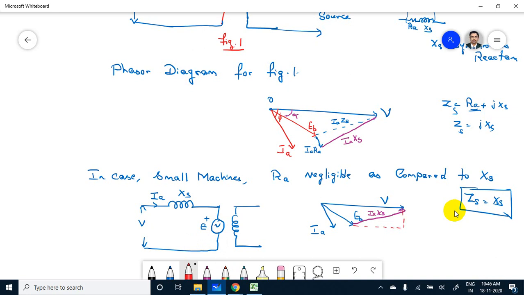This V point I put A, and this downward point I put B. Then from A to EB, again I am projecting the line straight towards IA, then join.